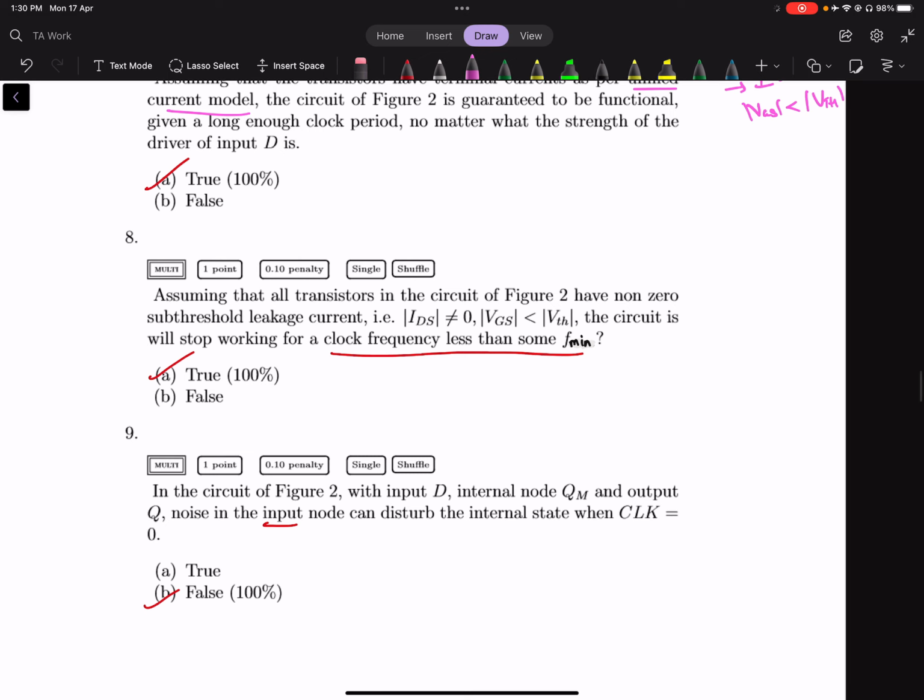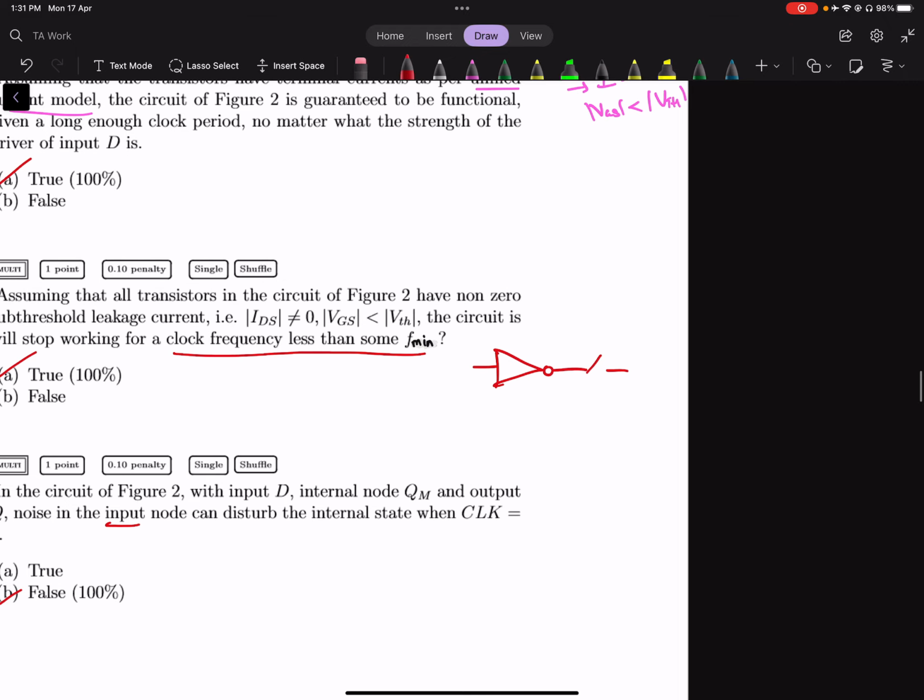In question 8, the circuit will stop working for some clock frequency less than some Fmin, that is, some clock period greater than 1 by Fmin. That's true because you can just imagine sequential element 1 to be a gated inverter.